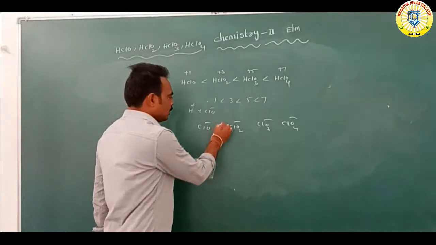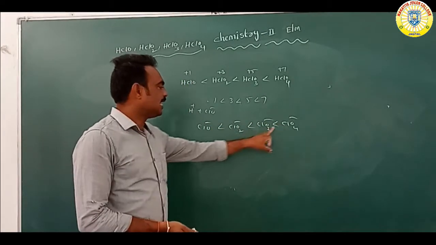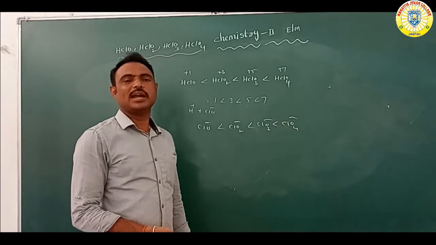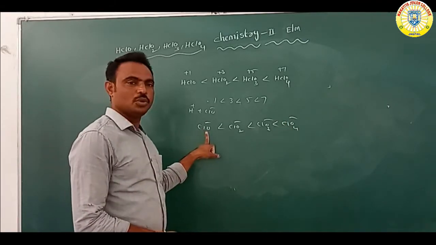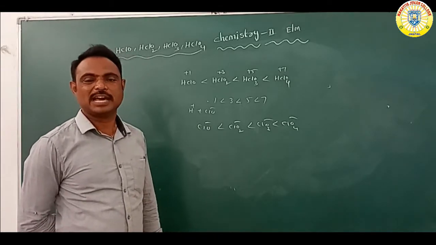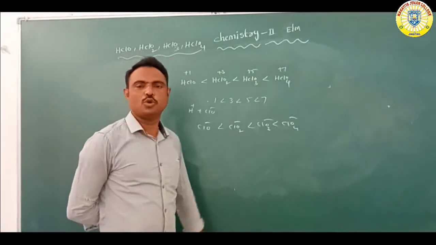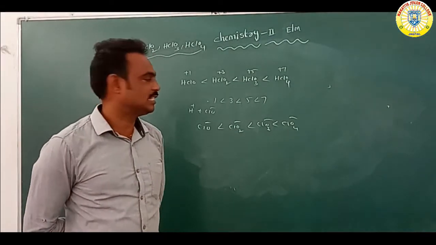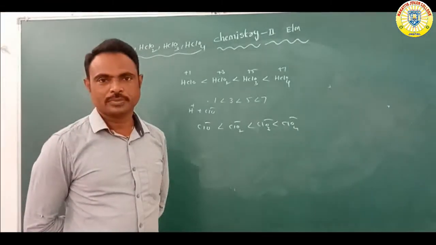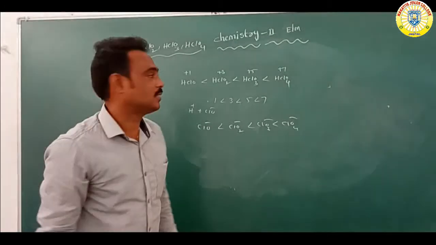The strength of the ClO minus ion is very low. So ClO minus is less than ClO2 minus, less than ClO3 minus, less than ClO4 minus. Okay, so that is chlorine oxo acids.